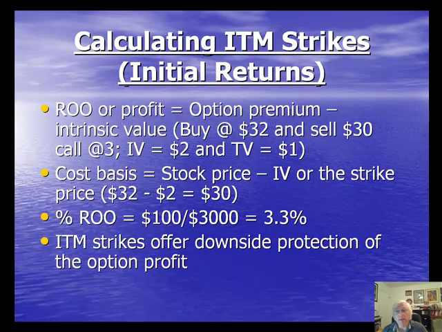Now, in-the-money strikes do offer downside protection of the option profit because the stock is currently at 32, and that 3.3% is guaranteed as long as the stock does not drop below 30. So we have $2 of protection of that option profit. And later on, when we show you the calculator, we'll show you how the calculator breaks this down for you.